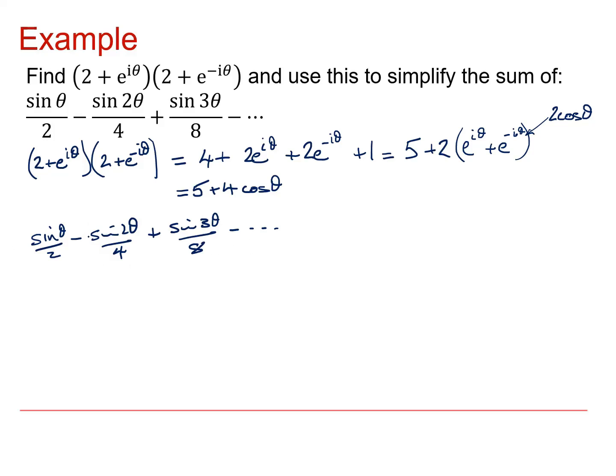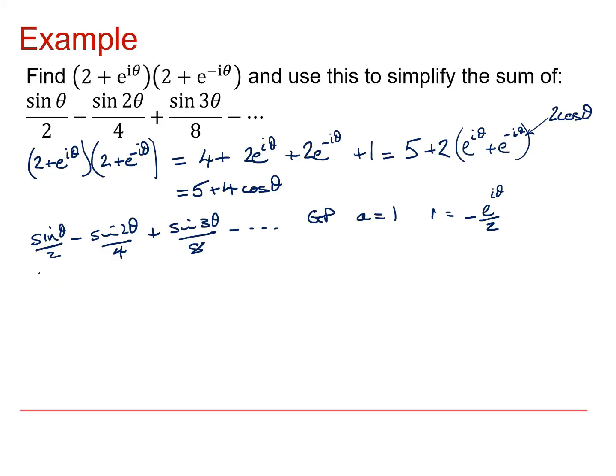It might involve multiple angles, and I think that this has come from a GP where the first term is 1 and the common ratio, rather than just being e to the i theta, I think it's going to be an e to the i theta over 2 type thing, hence we'll get these 2, 4, 8 and so on as we power up. And I think it's going to need to be negative because I've got a change of sign here, so things are happening on alternate powers. So let's have a look at how this series works out.